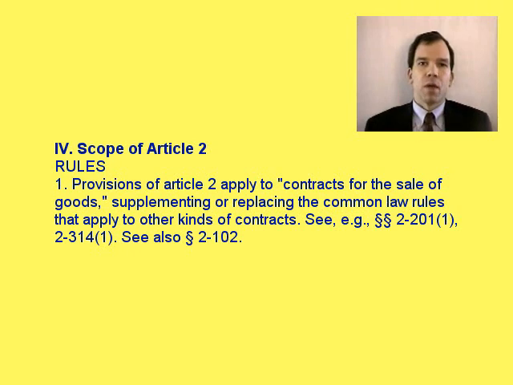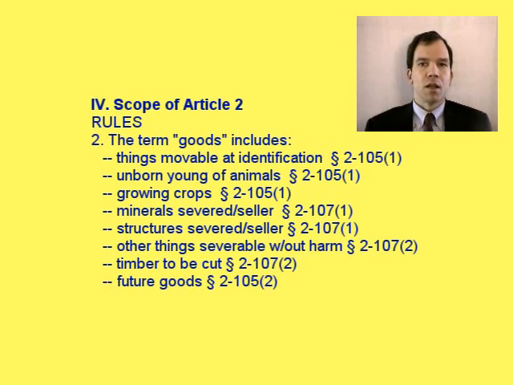The second rule that we've seen is that the term goods includes things which are movable at the time of identification, that is, physical objects which are not real estate and not attached to real estate. Things like cars or airplanes or books.